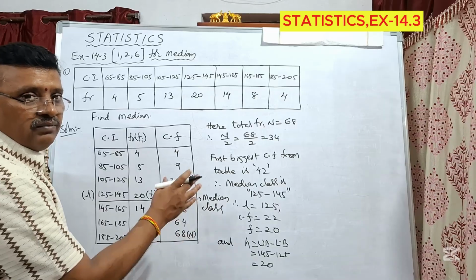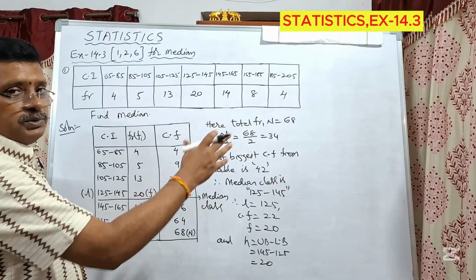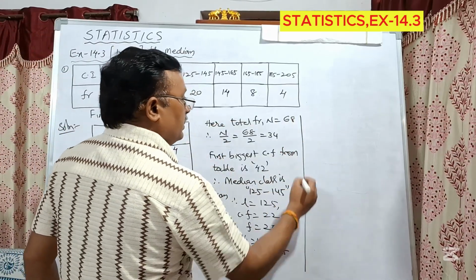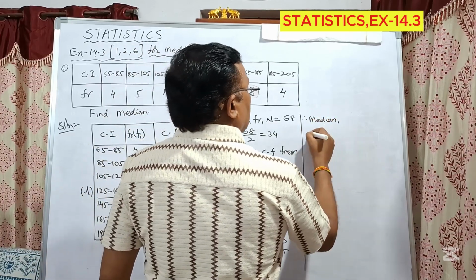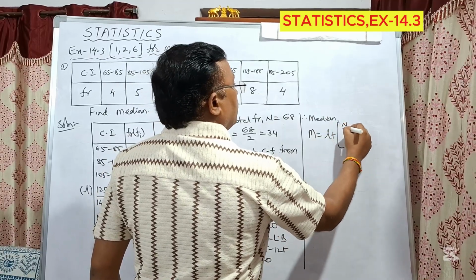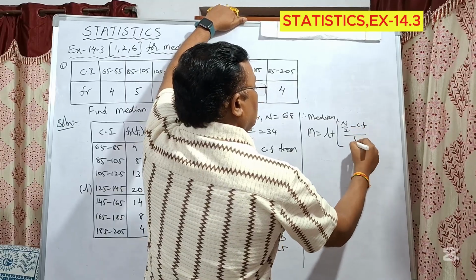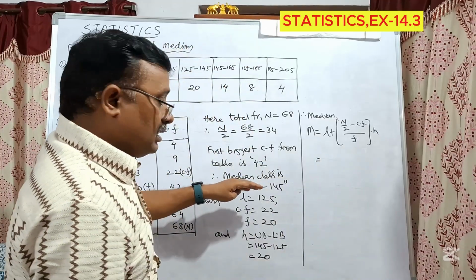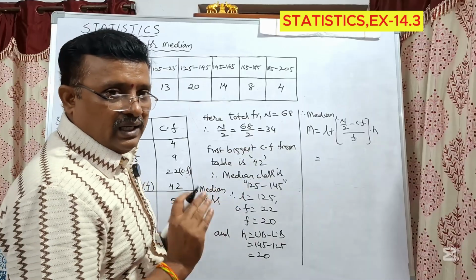Got it? We have all our required values for substitution in the median formula. So write the formula. Therefore median M is equal to L plus (n by 2 minus CF) by f, into h. All the values are written here, so substitute them correctly and simplify.